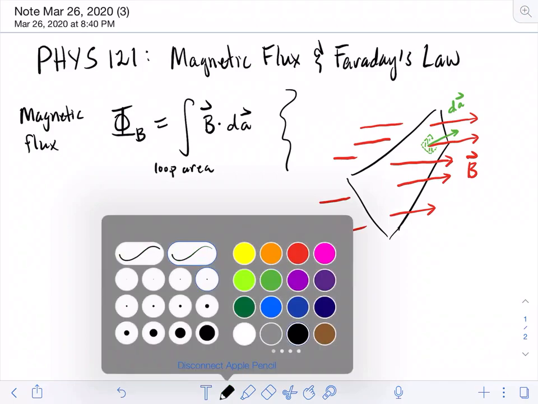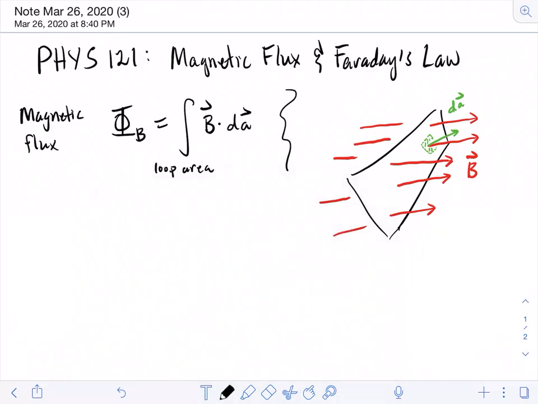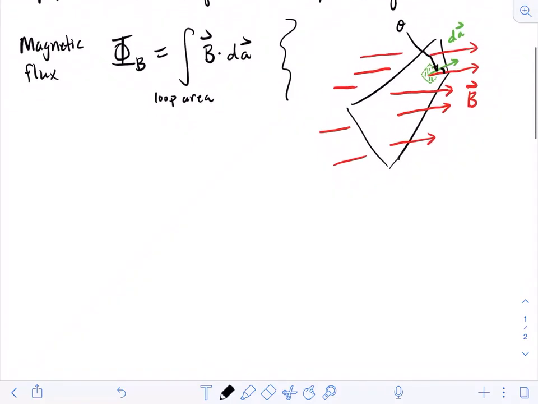And when we take the dot product between B and dA, we have to consider the angle theta that is between the dA vector, or the vector perpendicular to the loop, and the direction of the magnetic field. Okay, so magnetic flux is no different than electric flux, which we use for Gauss's law, except that we're considering a magnetic field rather than an electric field.